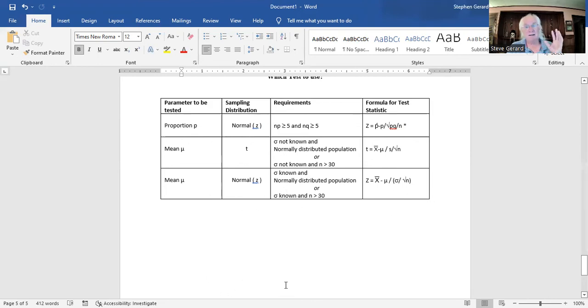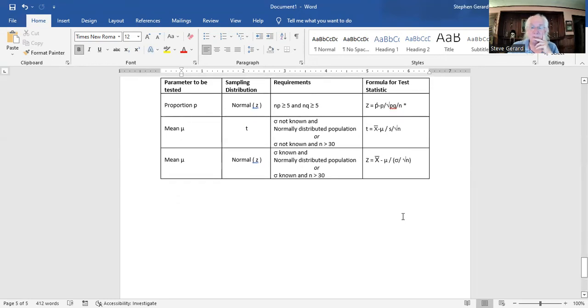That's how you make choices about these things, and the problems I give you, this is exactly the way you should go at them. Stop and say, am I comparing proportions or means? For proportions, I use a z-test. For means, do I know sigma? If I don't know sigma, I use a t. If I do know sigma, I use a z-test.